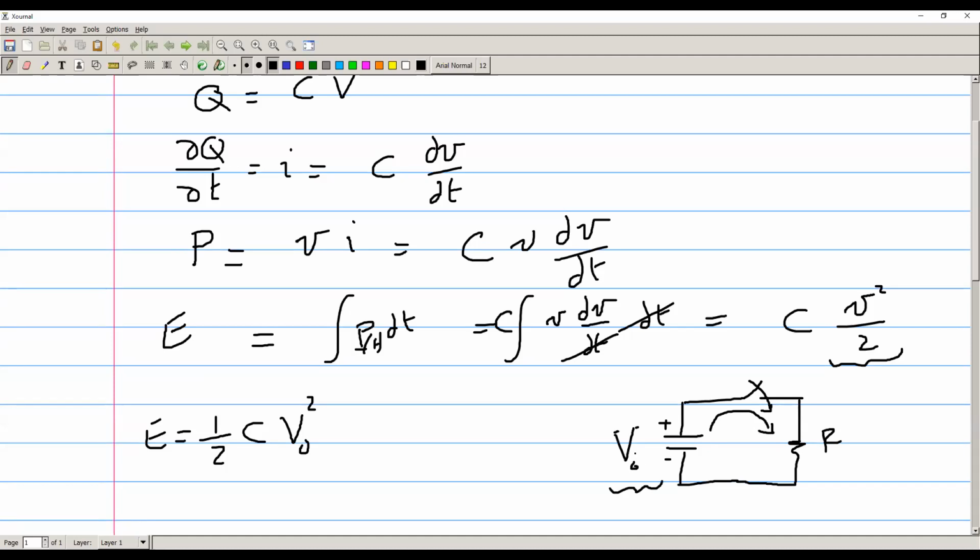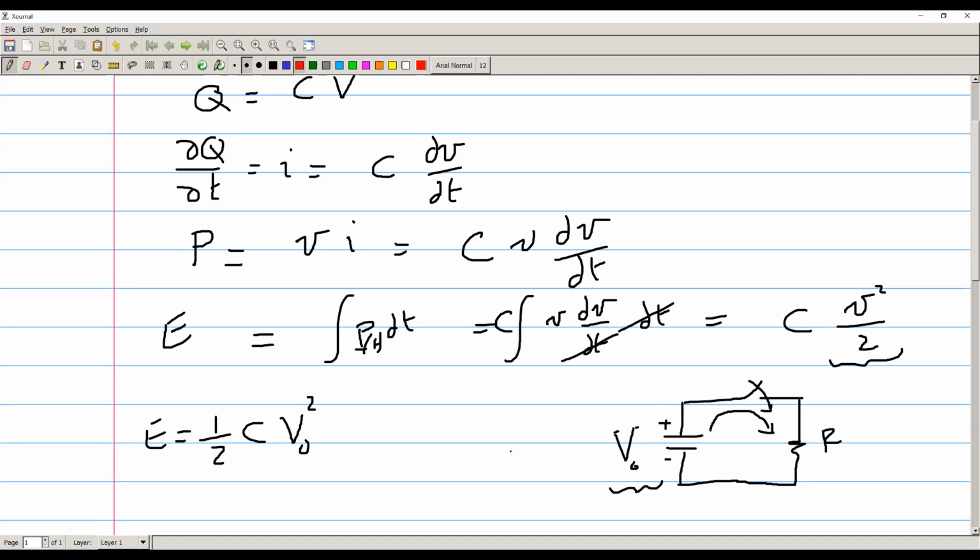So the electrical energy stored in the capacitor, where would it go? We know that energy does not vanish; it goes somewhere, it's converted from one form to another. So where would you expect the energy to go?